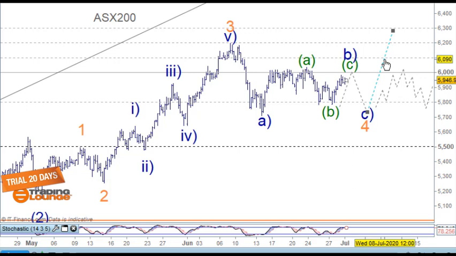But BHP and CBA have got the same sort of patterns at the current tops at the moment, which basically relate to all of this here. So BHP and CBA have come down, the resources have come down, the banks have come down, and then they've had this rally here testing these highs. So those banks could pull back down through here, and BHP and that could pull back down through here too.